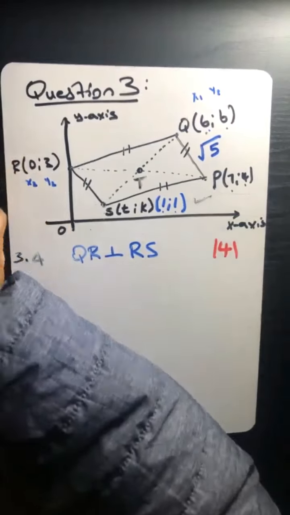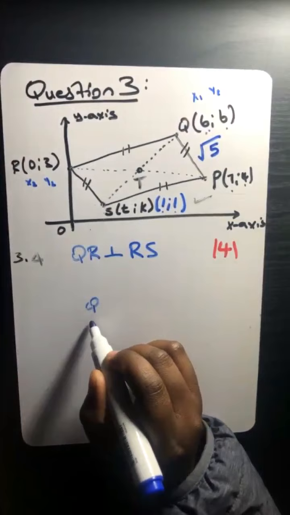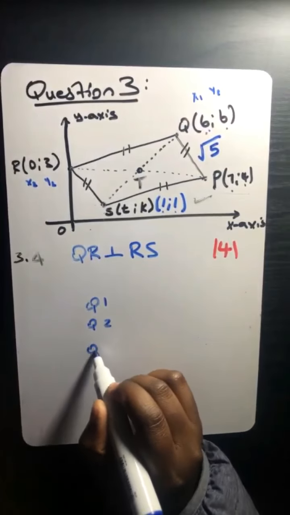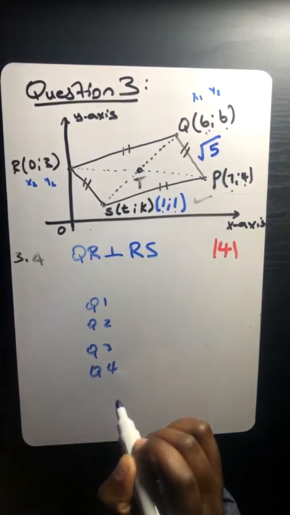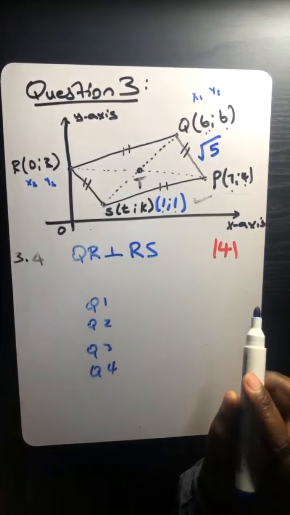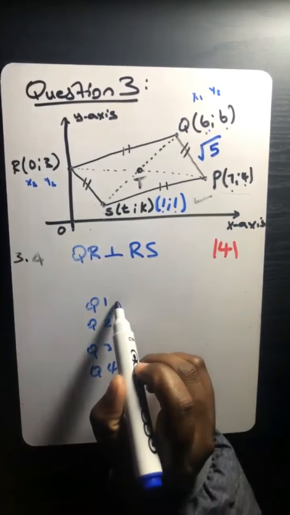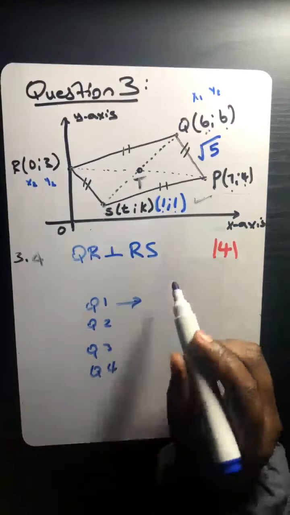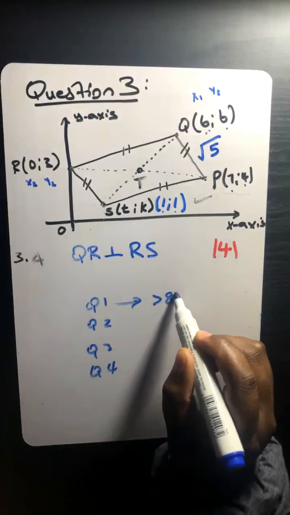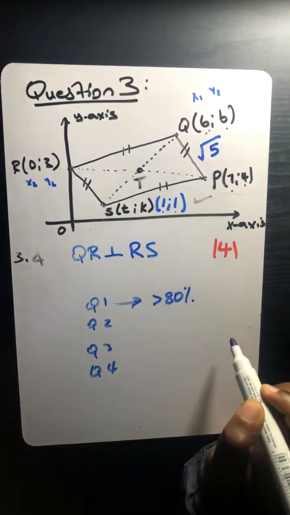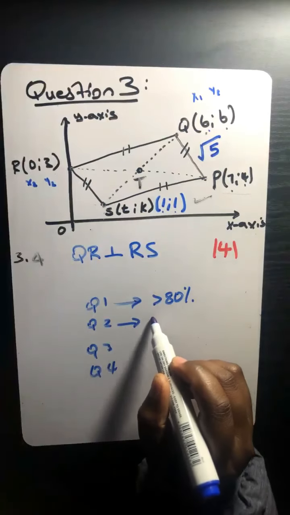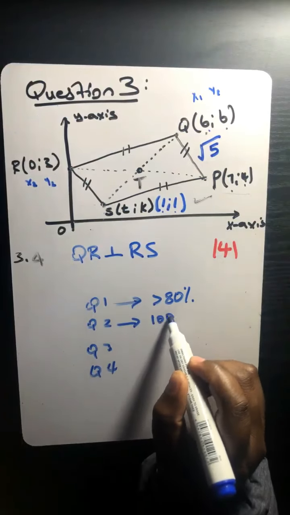If you have question 1, question 2, question 3, question 4, and you want to get distinctions for that specific paper, make sure that for question 1, you score at least 80% of the marks. Again, for those easy questions, make sure that if possible, you score 100%.